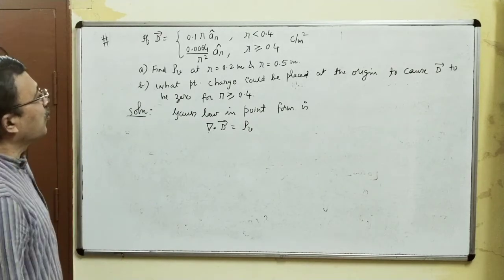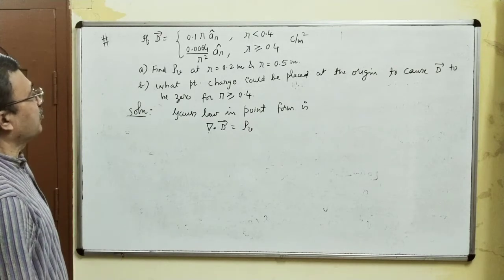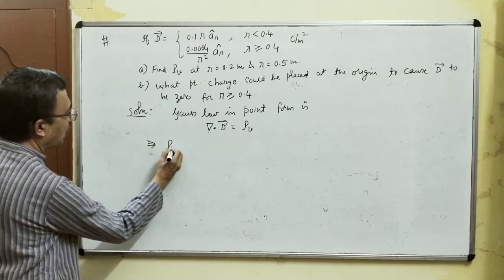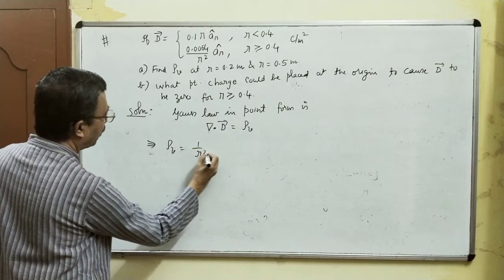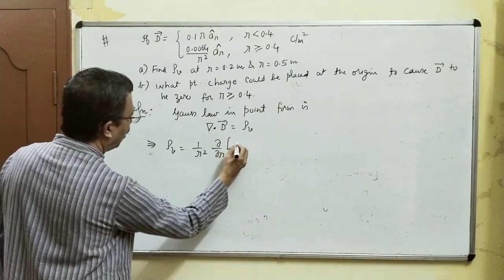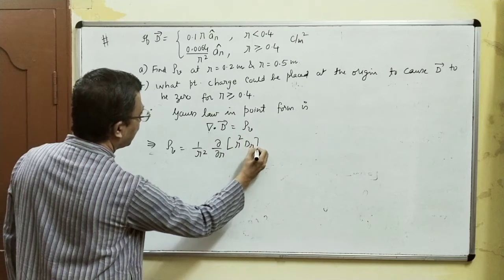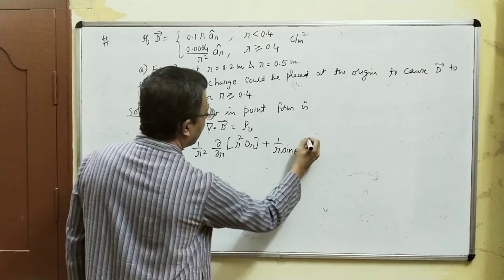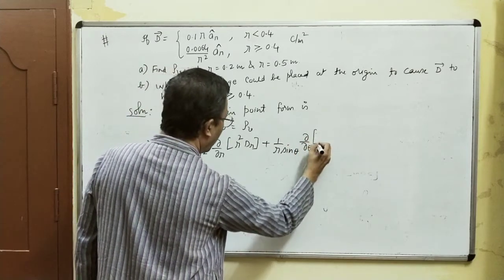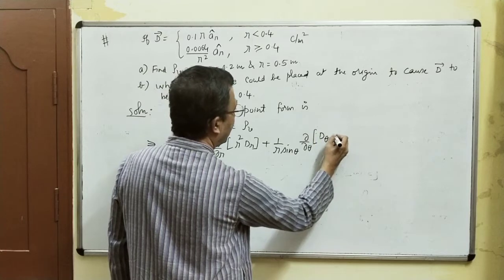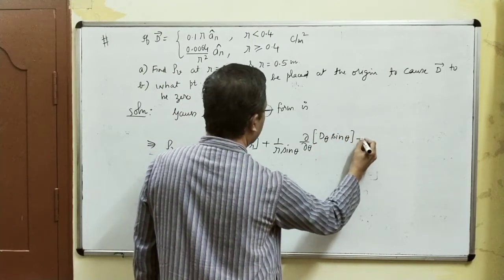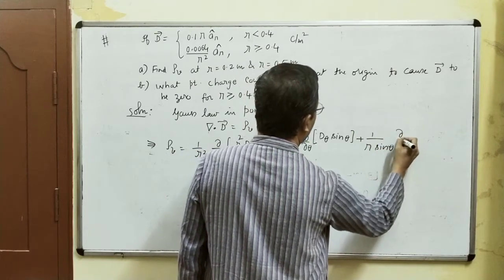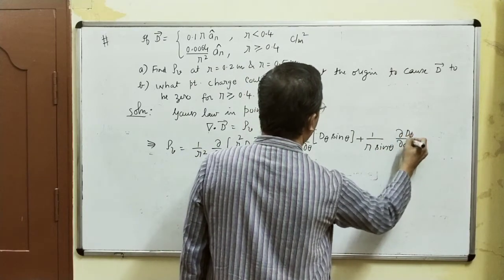We have been given the problem in a spherical coordinate system because r appears in the expression for vector D. This implies rho v is equal to 1 by r square dou by dou r operating on r square into Dr, plus 1 by r sin theta dou by dou theta operating on D theta into sin theta, plus 1 by r sin theta dou by dou phi operating on D phi.